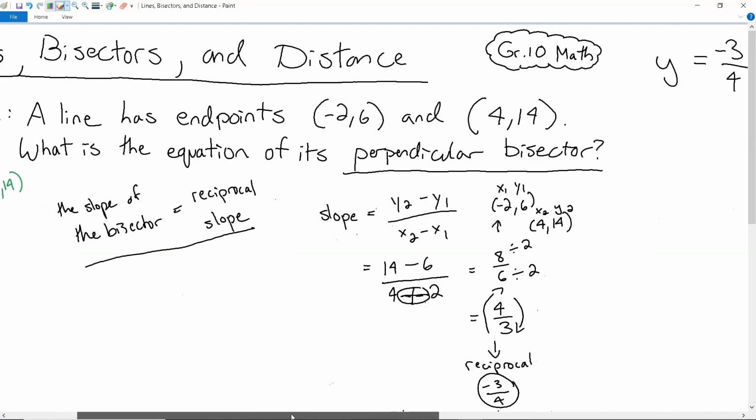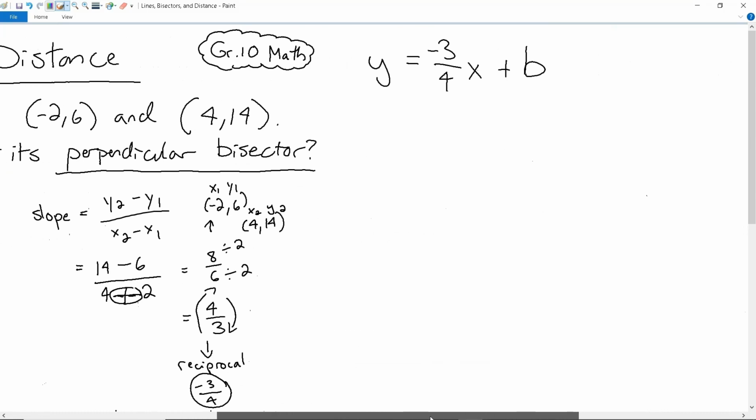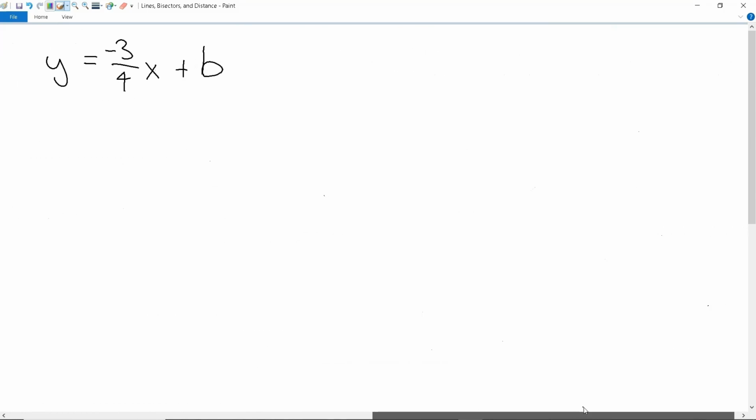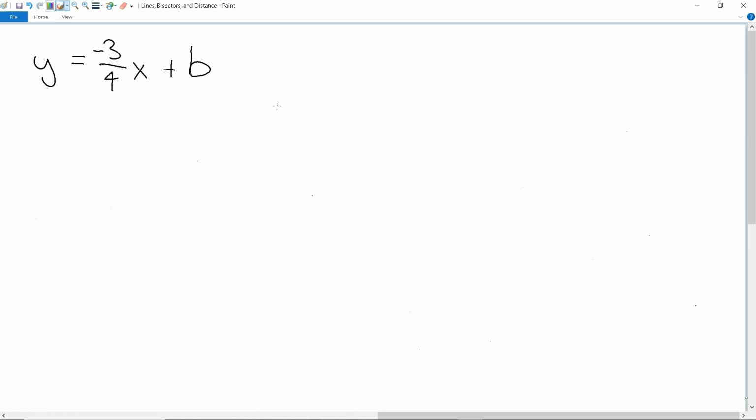But when we think of a linear equation, we want to write it in y equals mx plus b form. And we only have the slope so far. We don't know what b is. The way we're going to solve for b is we need to plug in a point that lands on this line to solve for our missing value.